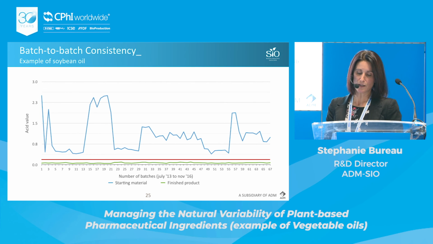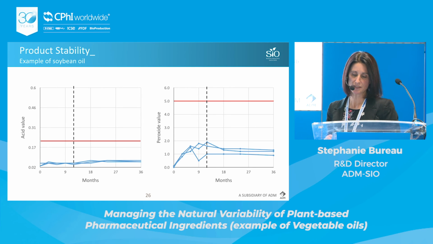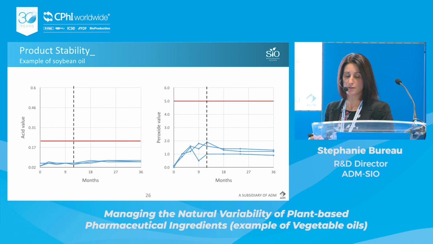The stability of our pharmaceutical ingredients is also tested according to the ICH Q1A guidelines, in storage conditions that are representative of the different climatic conditions of the countries where we ship our products.